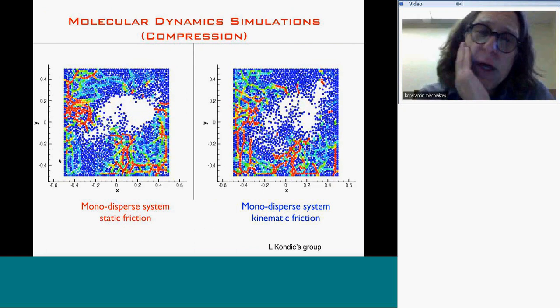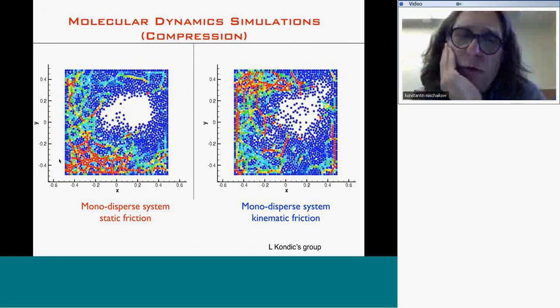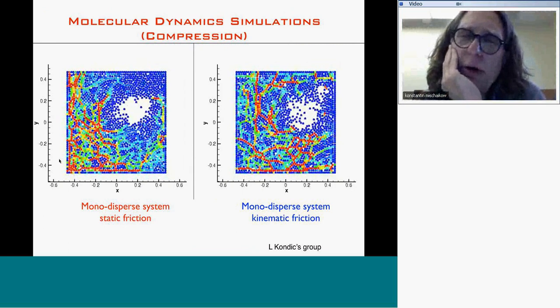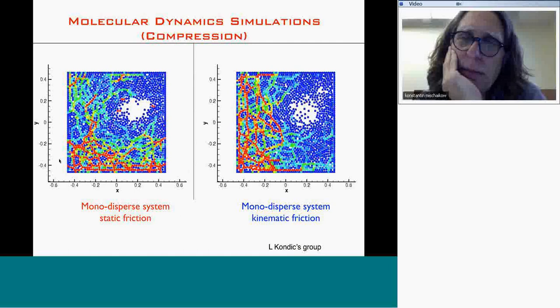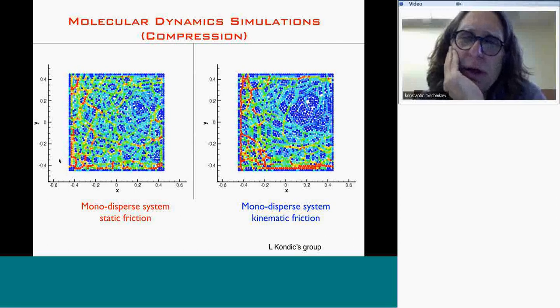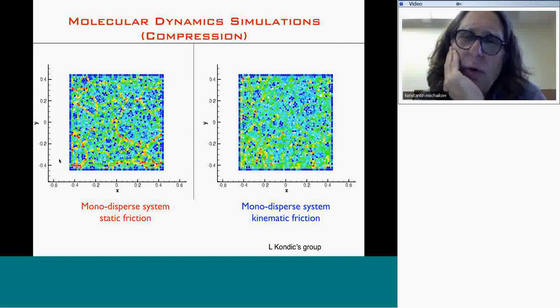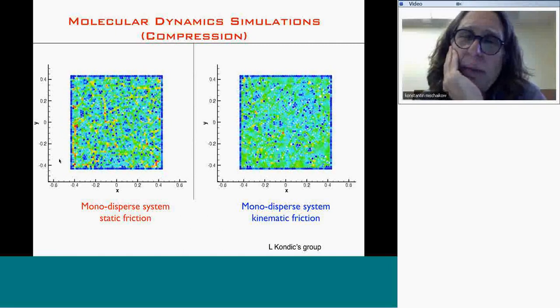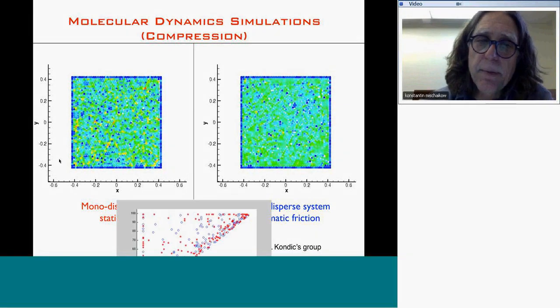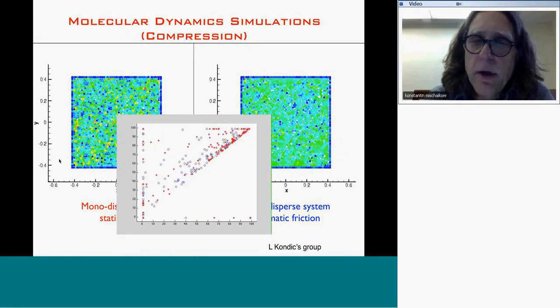So here I'm showing you again the simulation that was done by Lou's group on the parts that are slowly being compressed together, to move a little bit more towards the idea of dynamics. For each frame, I can compute one of these persistence diagrams using the superlevel set, and that's what I've done.